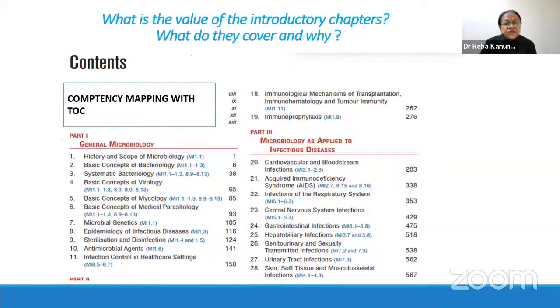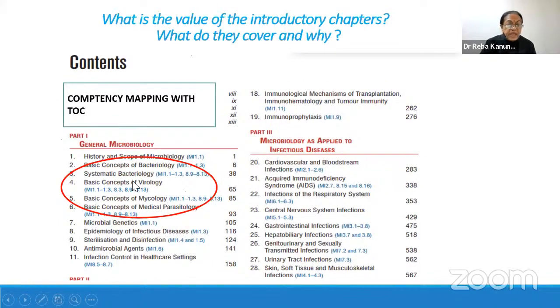Now, going a little to the contents, as to what they cover and why. As you can see, the basic concepts in microbiology have been addressed first. The basic concepts are the foundations, and in that we have discussed the sections as per bacteriology, virology, mycology, and parasitology.